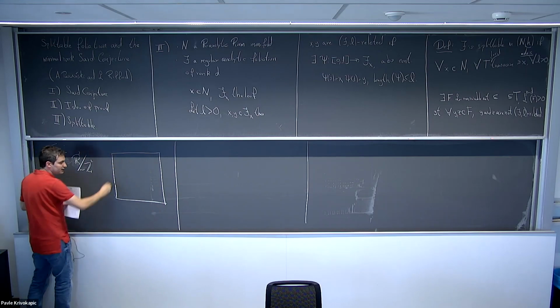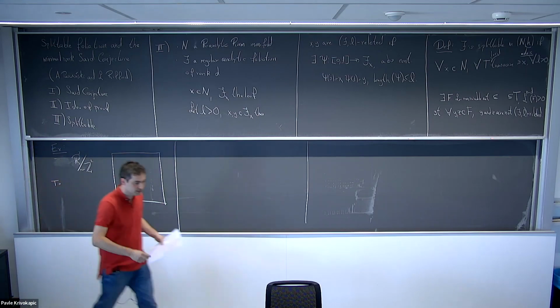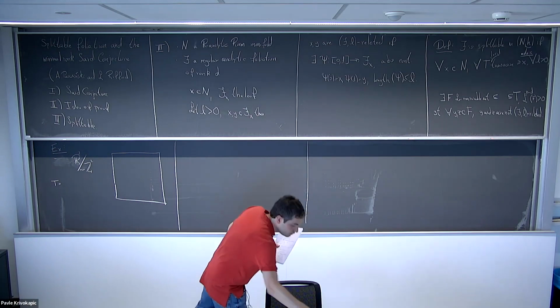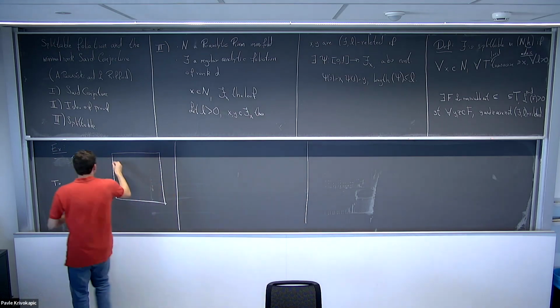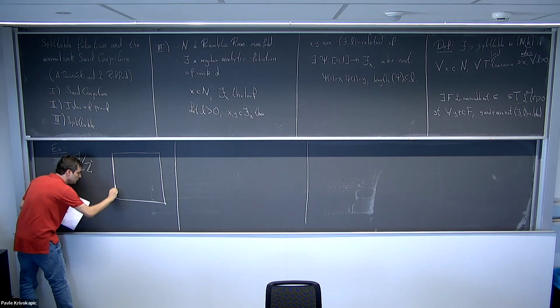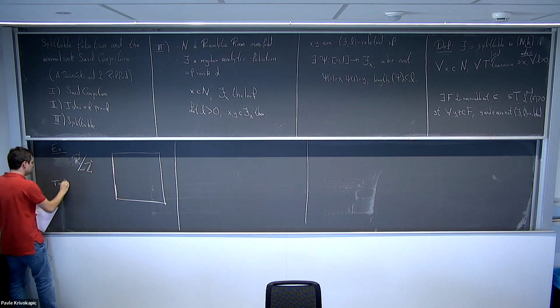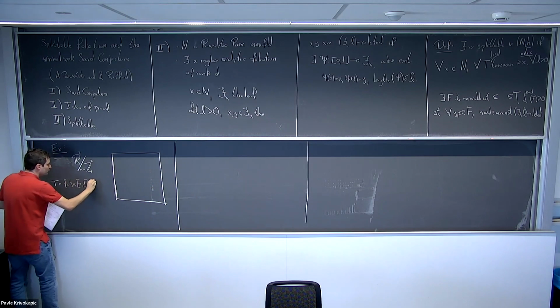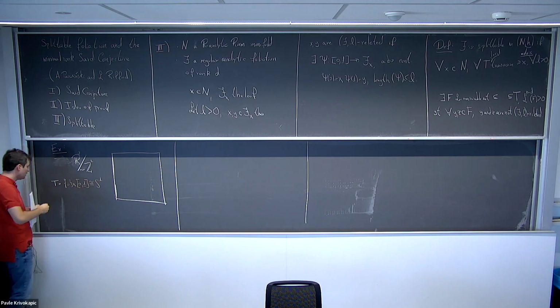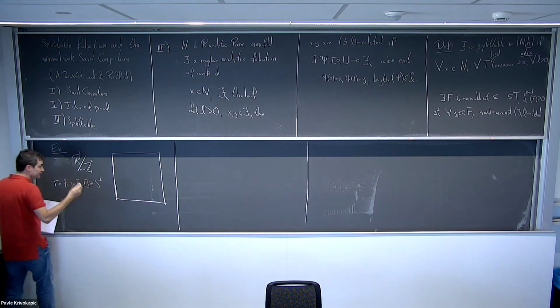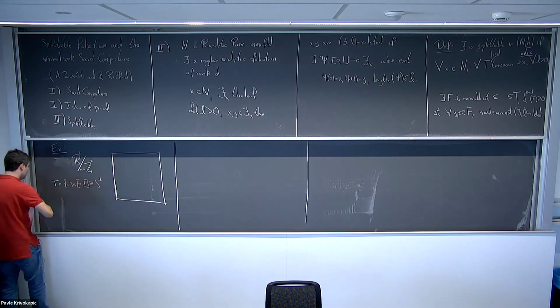I'm going to take this part. All right, so this is just {0} times [0, 1), which is just homeomorphic to S1. And the foliation that we're going to consider is just some irrational foliation. Some line foliation with an irrational slope.